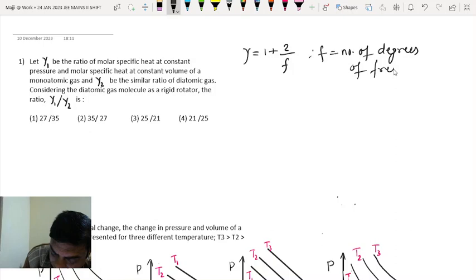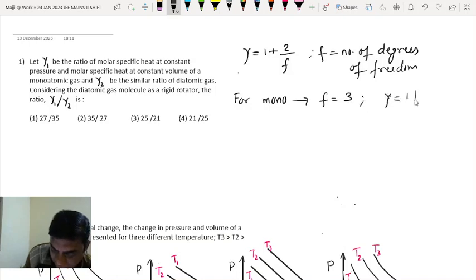Now for a monoatomic gas, F is 3. For a monoatomic gas, degrees of freedom is 3, corresponding to each of the x, y, z axis. So you have 5 by 3.